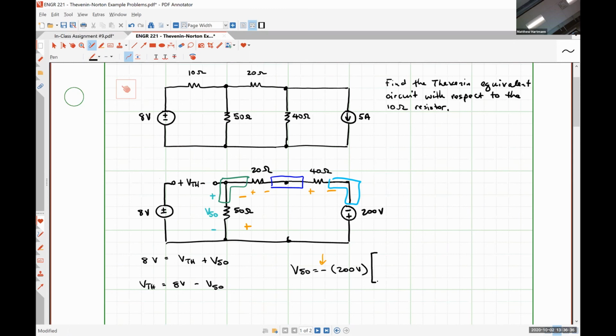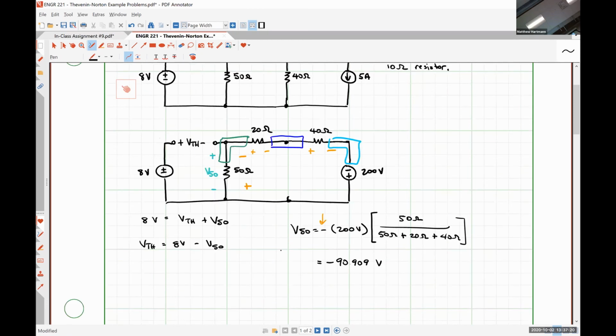Then we're going to have in our numerator the resistor we want, which is the 50 ohm resistor, and in our denominator, the total series resistance connected to our voltage source, 50 plus 20 plus 40, and this gives us negative 90.909 volts.